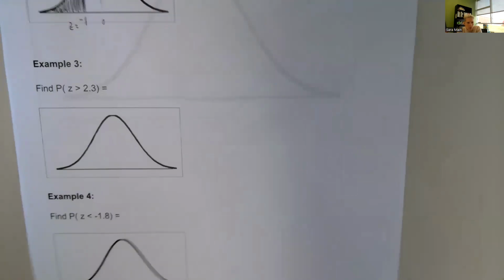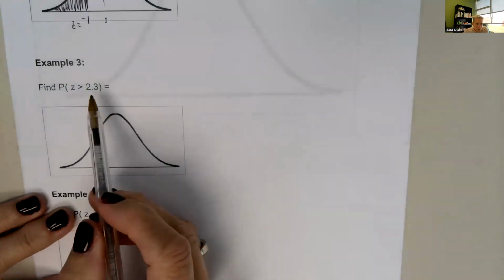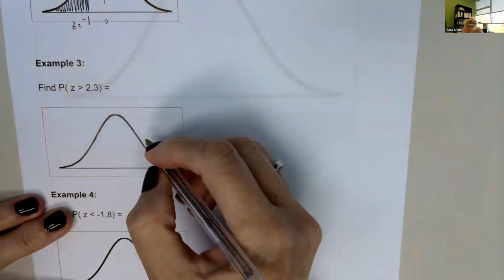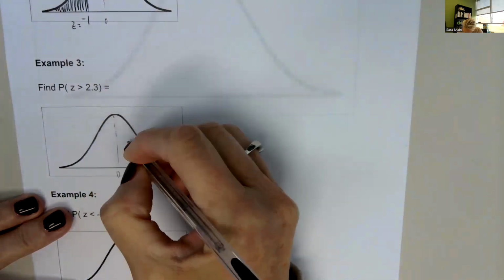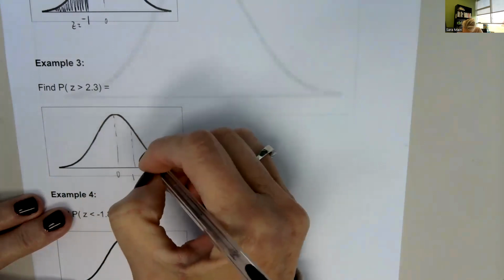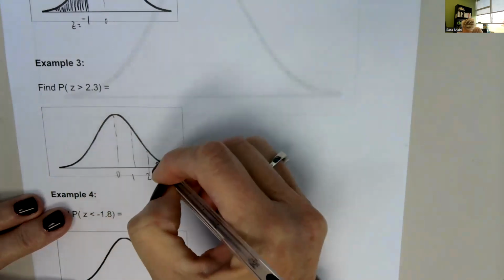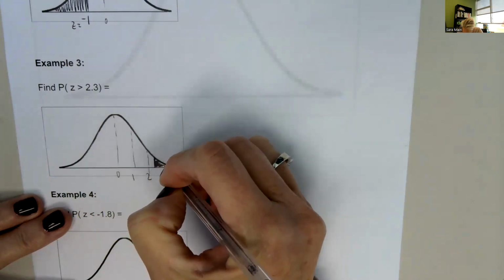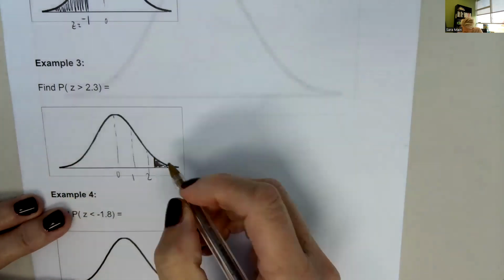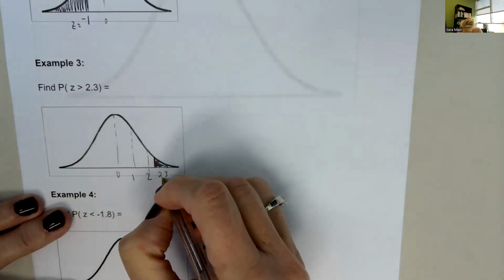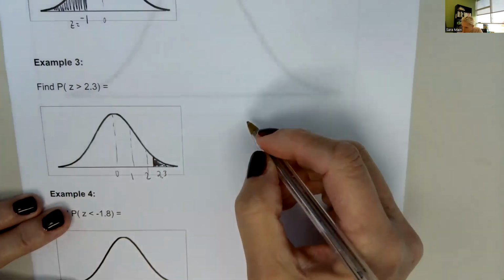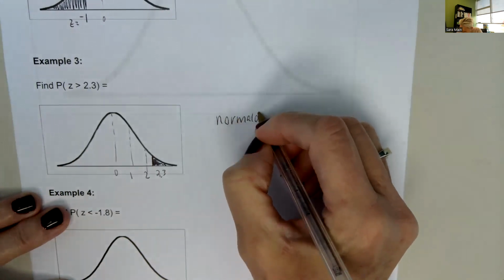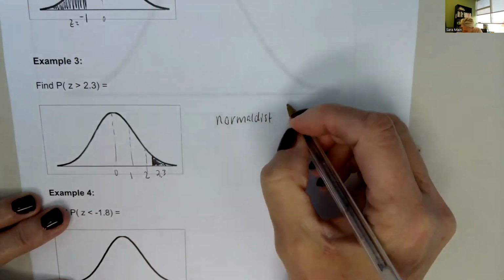So let's find another one. What is the probability that a z-score would be bigger than 2.3? So there's our 0, and there would be 1, and there would be 2. I'm going to say 2.3 is right about here. And we want greater than 2.3. So that means we're going to use the normal dist. I'm going to write it here on the paper, so I suggest that you do as well.